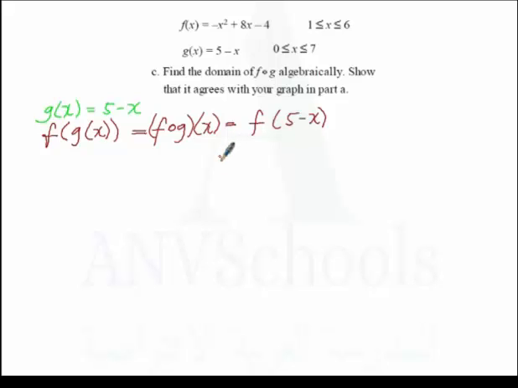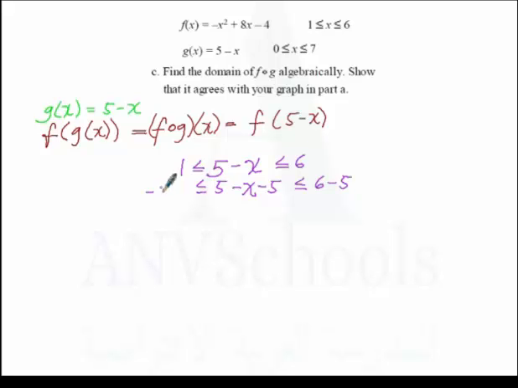So for f of g of x, which in this case is f of 5 minus x, 5 minus x should be in between the domain restriction of f of x, which is 1 and 6. And we get rid of our 5 here. So we subtract 5. The same is true with the other side, we will have to subtract 5.